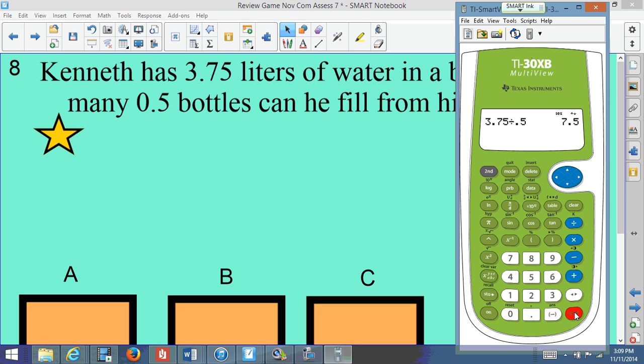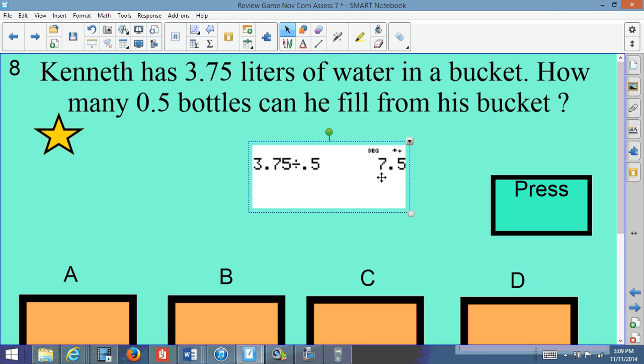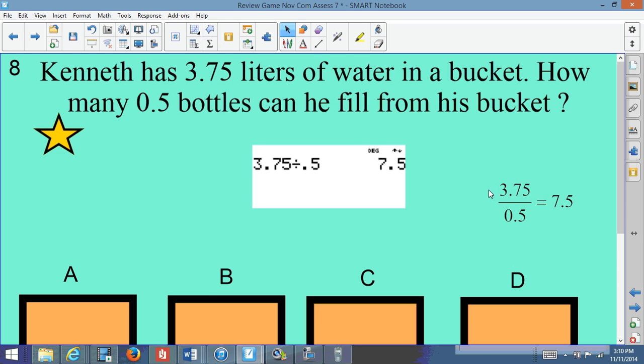And that'll give me 7.5 half-liter bottles that I can fill up. So my answer would be 7.5. So that's how many bottles he can fill. 7.5 bottles he'll be able to fill.